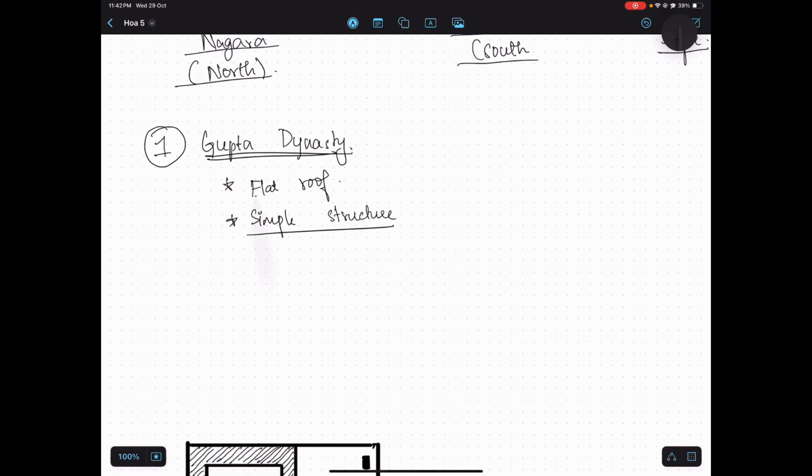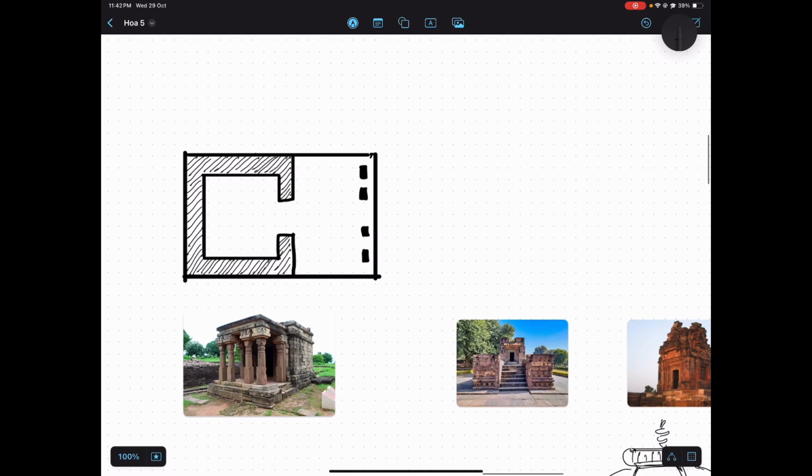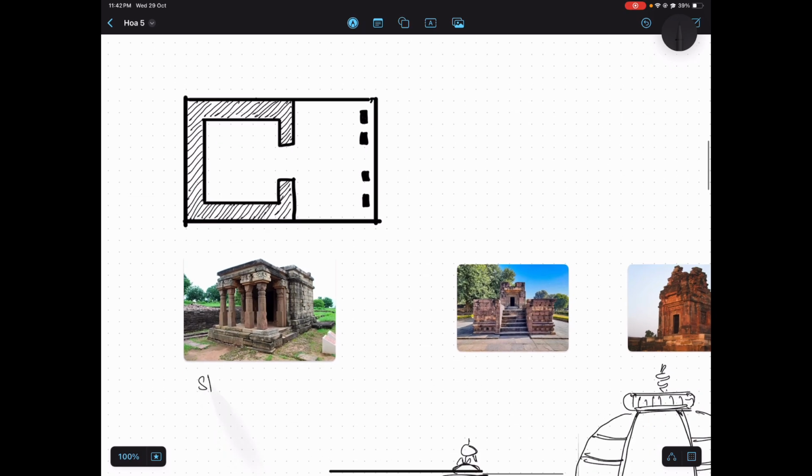One example is this temple, temple 17 at Sanchi, and you can see this flat roof, and this had nothing but just the Garbhagriha. There were no other mandapas or other spaces found in the temple.